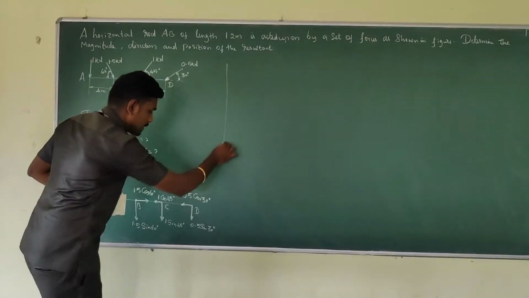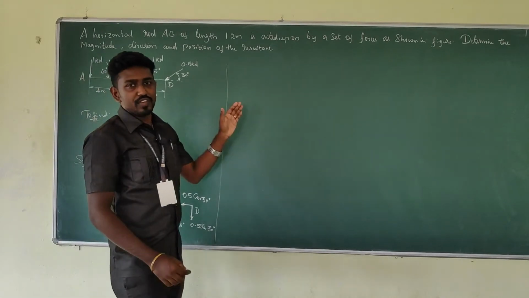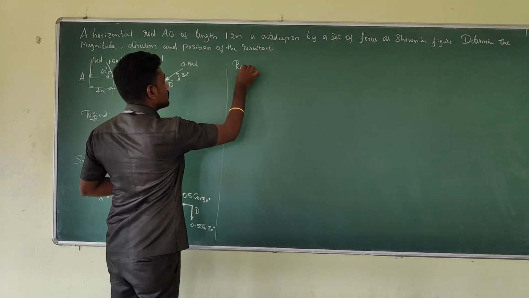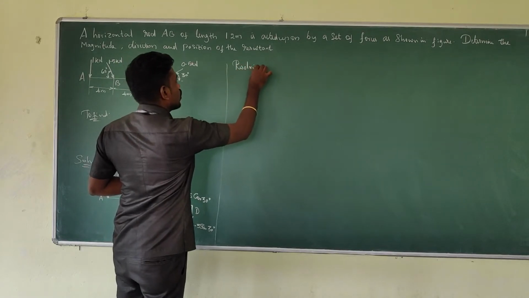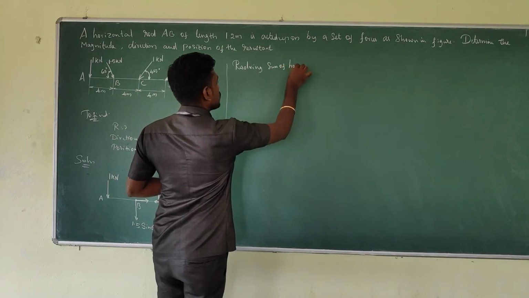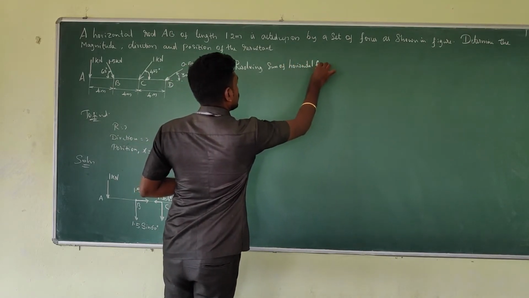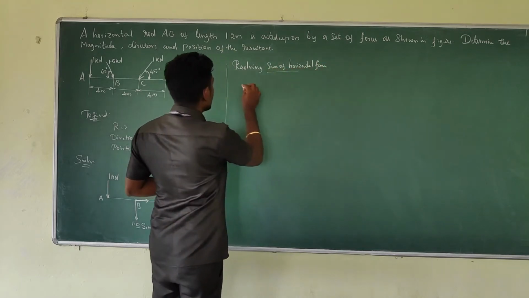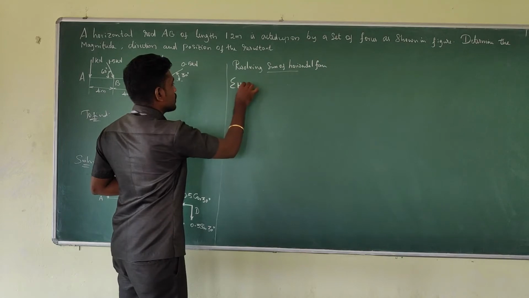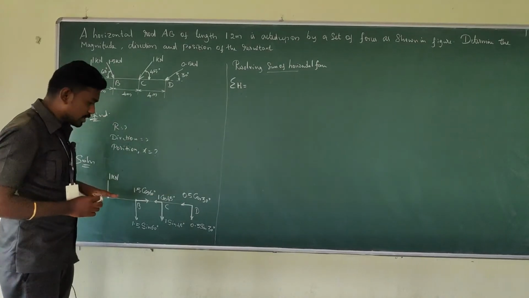So next step, in order to find the resultant force, first we need to resolve the sum of horizontal forces. Summation of H is equal to the sum of all the horizontal forces.